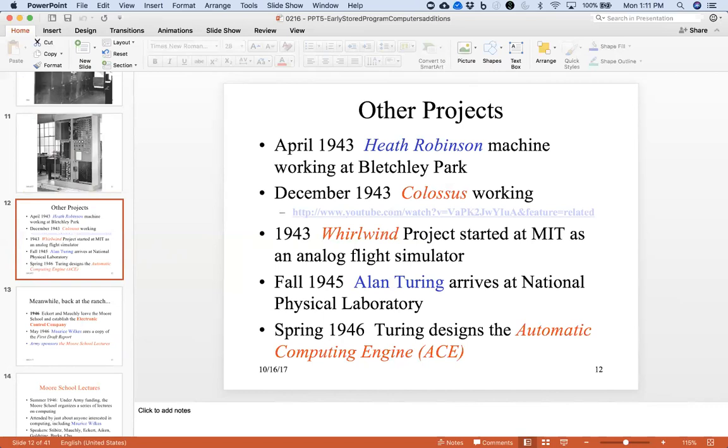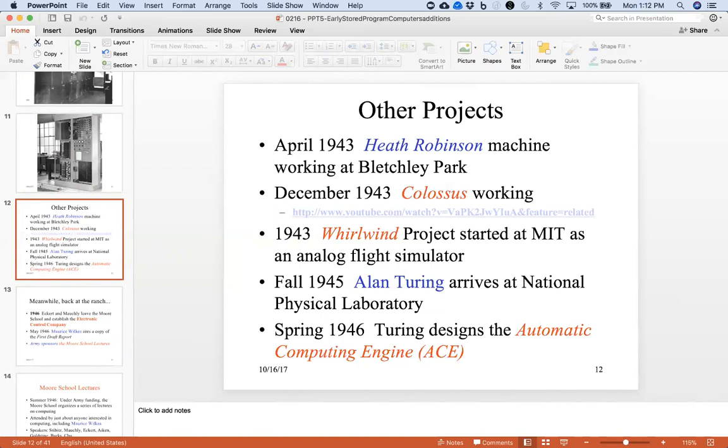As you probably know from my earlier discussions, this is a place where they basically cracked the Enigma, which was the machine Germany used to send encoded messages in World War II. All right, Colossus is an actual computer that was also built around the same time, and this is one that came out of the same place, Bletchley Park.